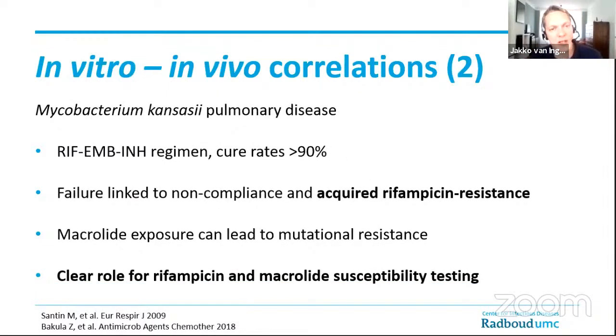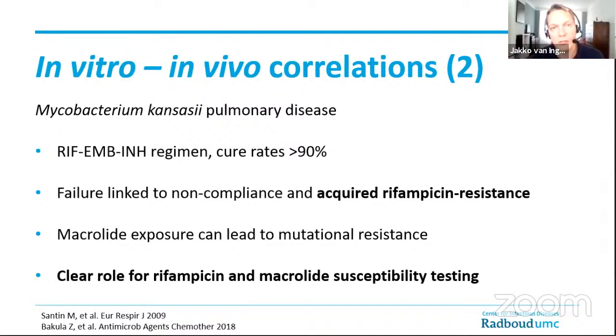And then we're switching gears to Mycobacterium kansasii. And as I alluded to before, treatment is essentially TB treatment without pyrazinamide. And again, very similar to TB, rifampicin is the key drug in this regimen. And it's rifampicin resistance that matters. Now, it's a very, very, very rare event, but it might occur.